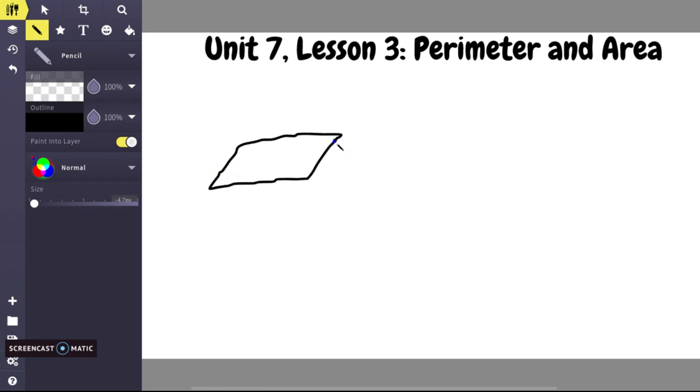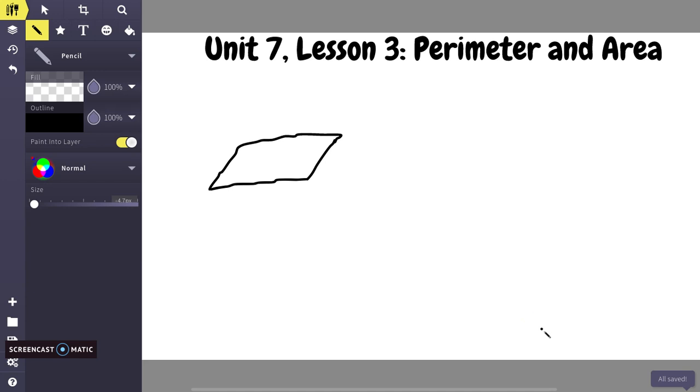That is a parallelogram. Now, if you don't know what some of these shapes are, I'm going to go into more depth about what they are in the next video. I know that seems like it's out of order, but this is just something I needed to explain first.